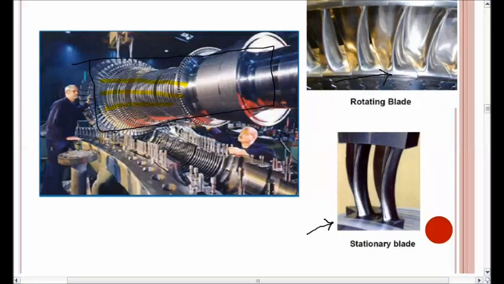To be precise, this part has all the rotating blades, while this is the stator which has all the stationary blades. So all the rotating blades will come in between the stationary blades, and over them another half of the stator will be covering the whole turbine.